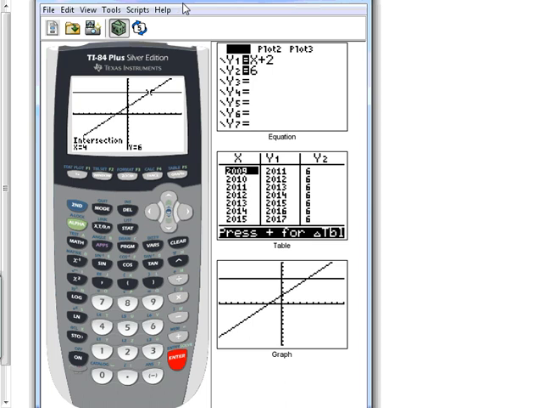I'll give you another one that you probably would have no clue what the answer to this would be unless you use this technique. Sine of x is equal to, let me make something that would have a nice slope. 2x plus, actually we'll just say 2x.